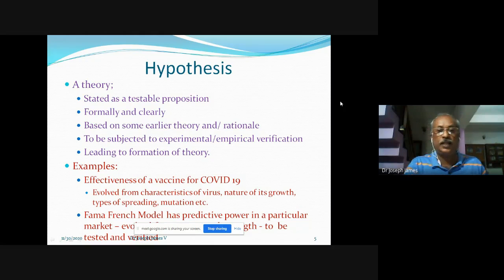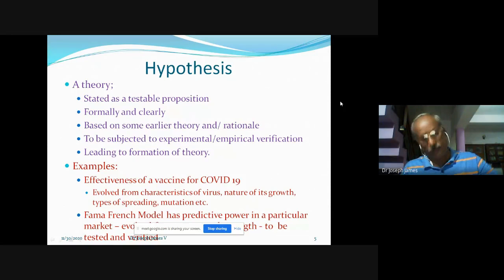Similarly, another one is the Fama-French model for pricing securities in the stock market. Fama and French argue that their model has predictive power in a particular market. In the Indian market, nobody has proved that it has predictive power.